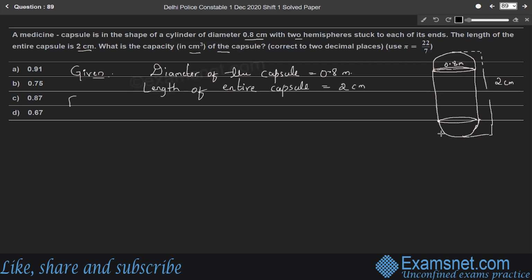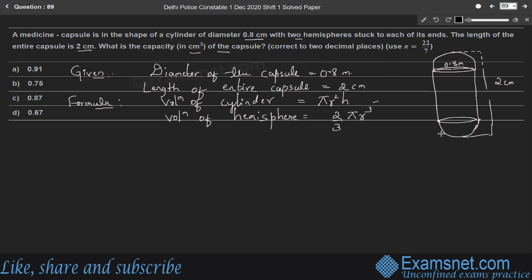So here we are using the formula of volume of the cylinder. Volume of cylinder is equal to pi r square h, right? And volume of the hemisphere is equal to 2 by 3 pi r cube, where r is the radius of the hemisphere, and in the first formula h is the height of the cylinder, right?